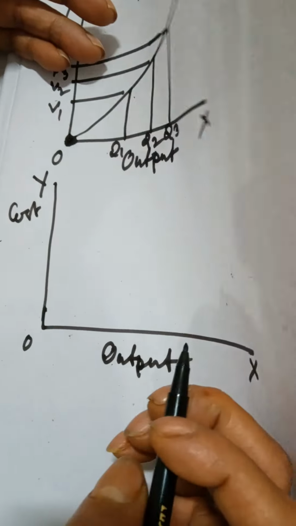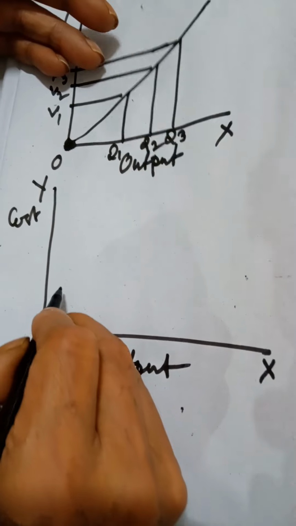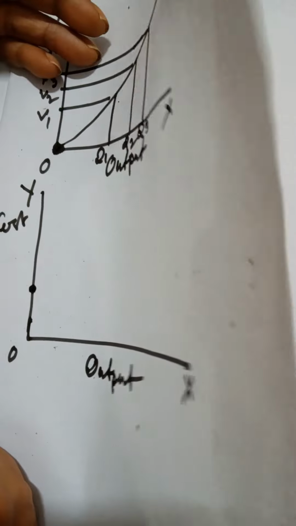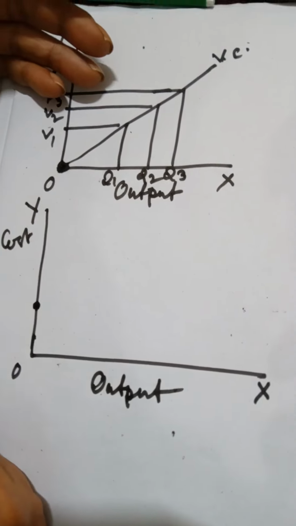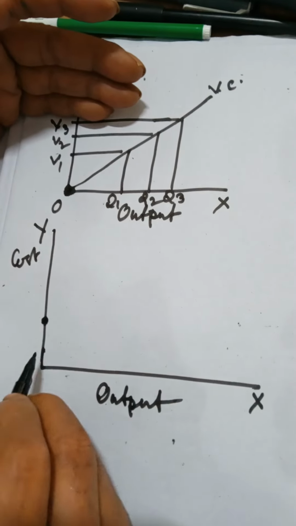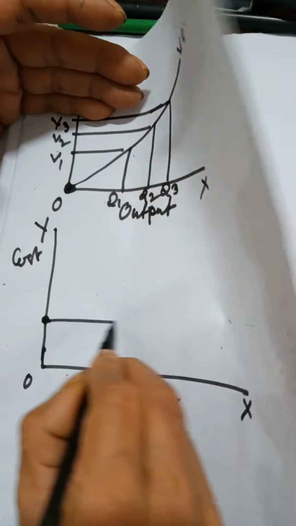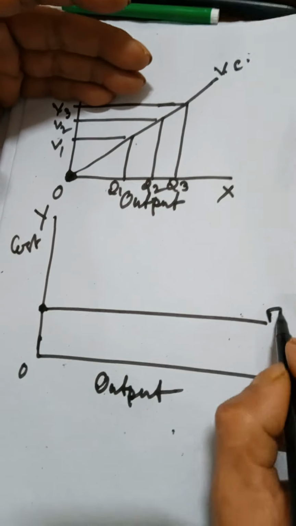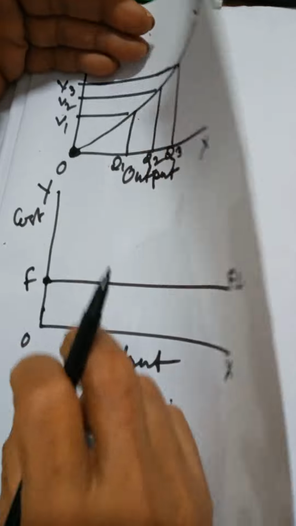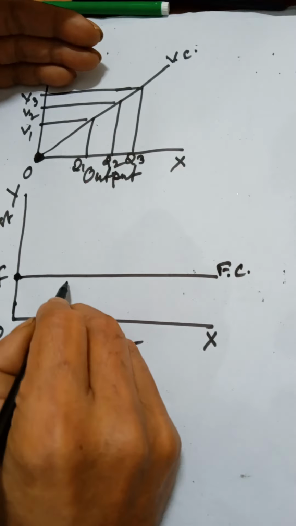So the fixed cost line starts from the positive intercept of y-axis, say from here. And since for any output within a given time period the fixed cost remains fixed, it will be a straight line parallel to x-axis. So this is fixed cost line. Say this is OF. So OF is the amount of fixed cost whatever be the output.